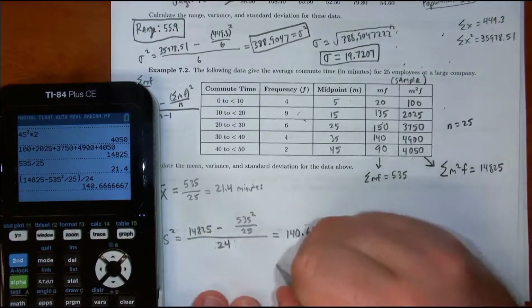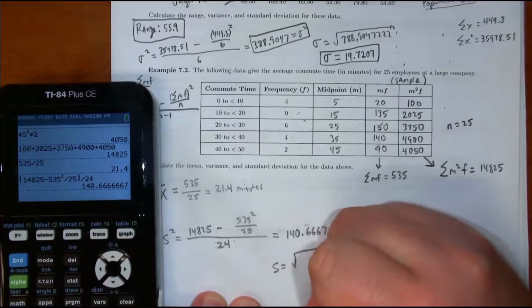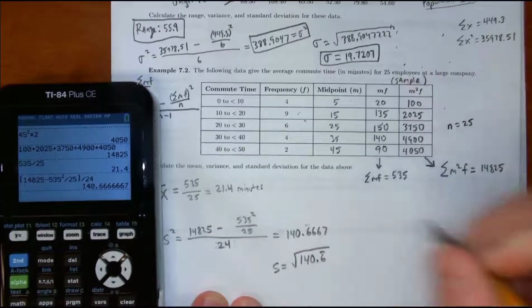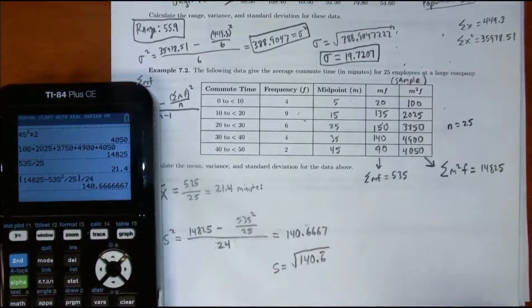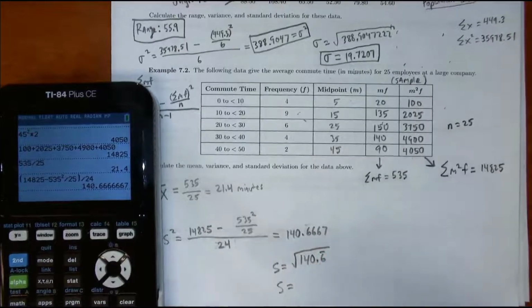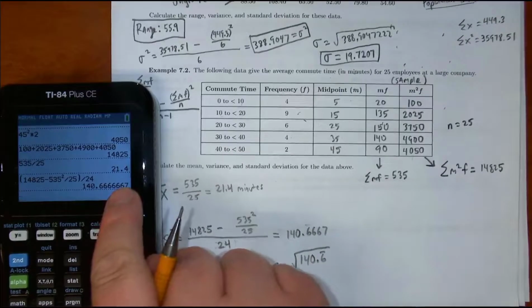But remember, the next thing we want to do is calculate standard deviation. And standard deviation, S, is the square root, then, of 140.6 repeating, because I don't want to use this rounded version when I calculate the sample standard deviation. I want to calculate using the unrounded version.